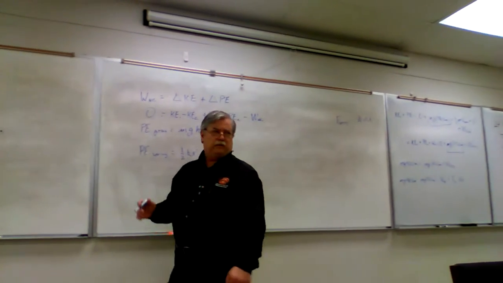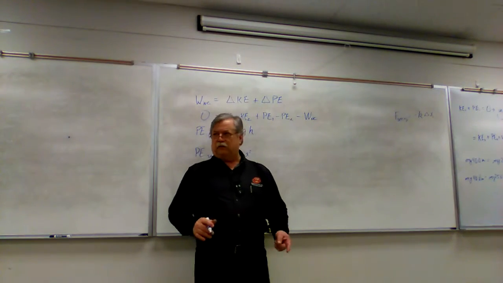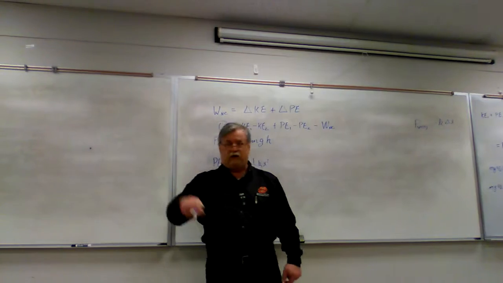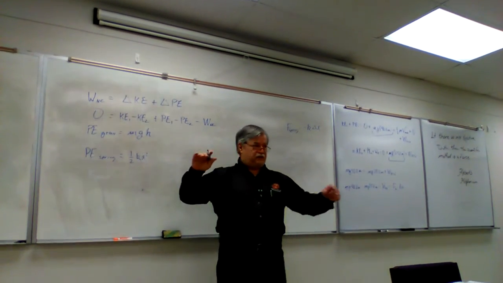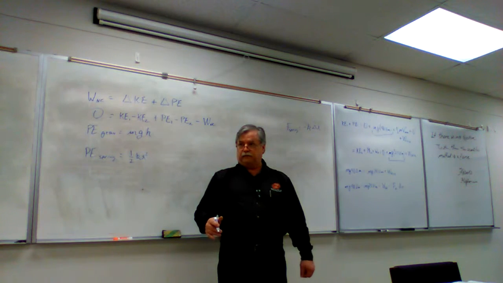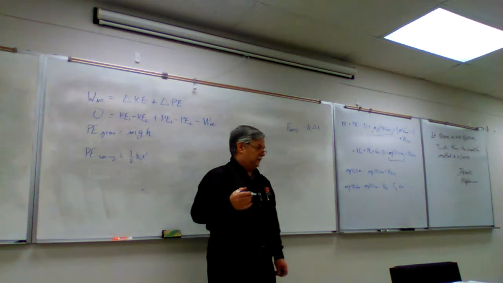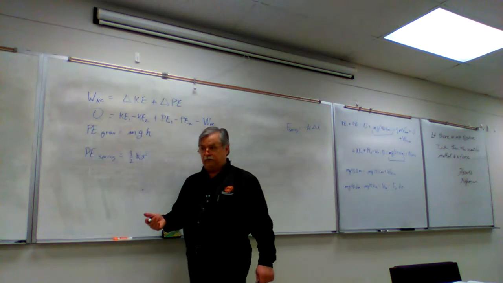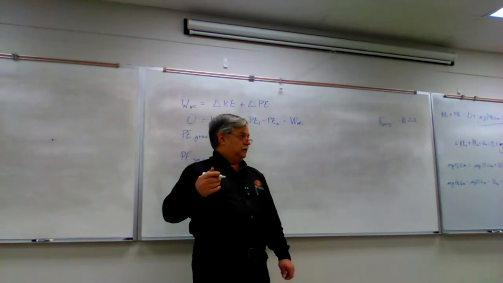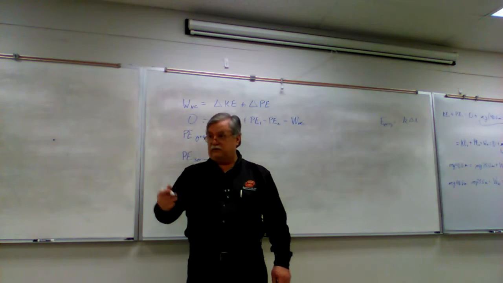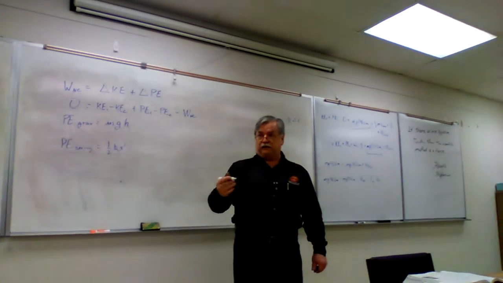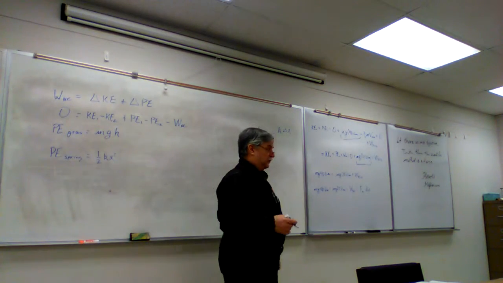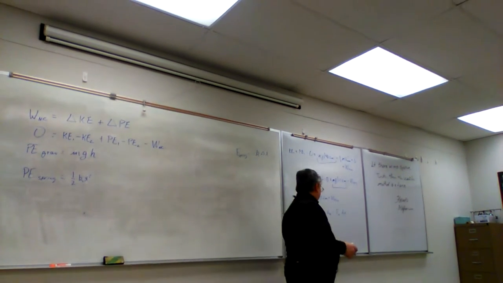Okay? Remember, non-conservative forces, it matters how far you moved. It's not just about the starting and ending points. Remember, that's the difference between distance and displacement. And I told you that the reason you had to be concerned was because conservative forces only care about displacement. Non-conservative forces care about total distance.